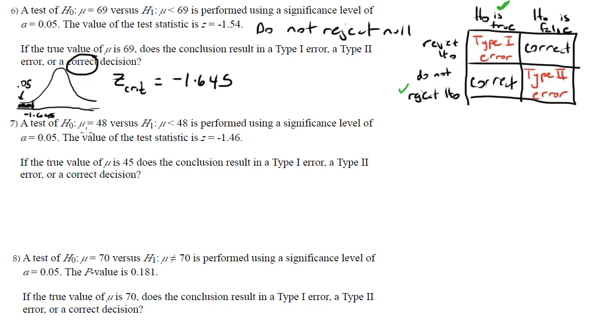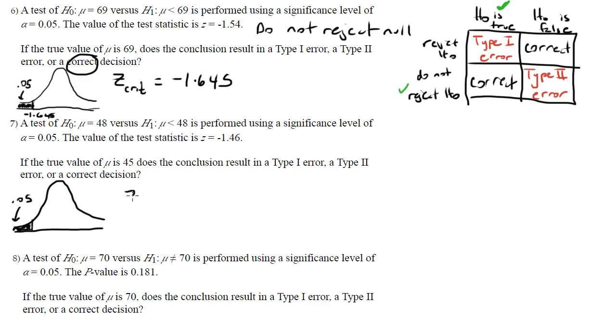Null here for number 7 is the mean is 48. Alternative is the mean is less than 48. Another left tail test. Significance level of 0.05 again.